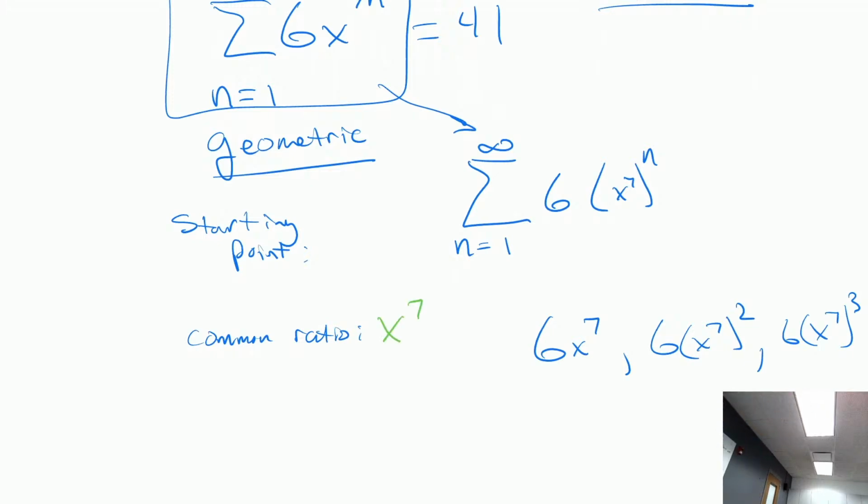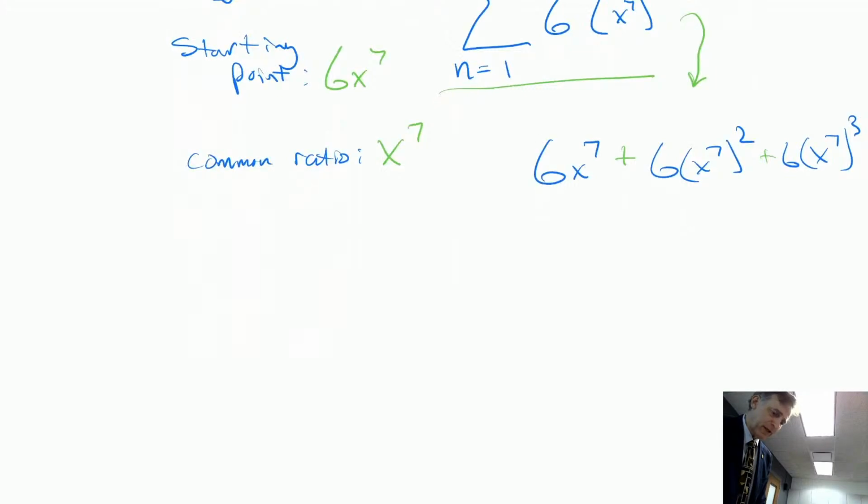The starting point, now that I've written this here, of this summation, which if I change the commas to pluses, then I have that series. Whoops. There. The starting point is 6x to the 7th. And the formula is the starting point.